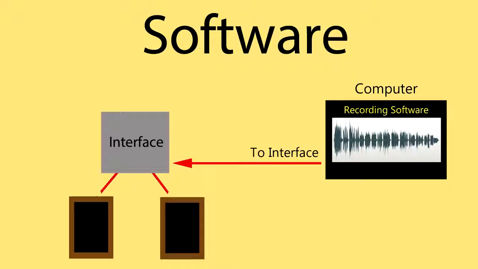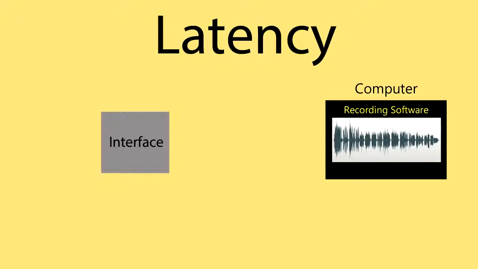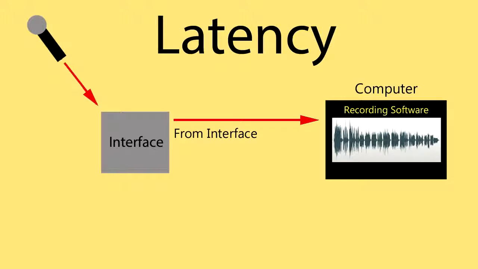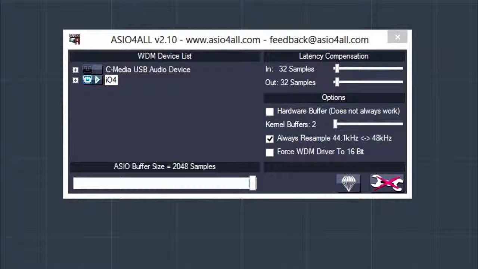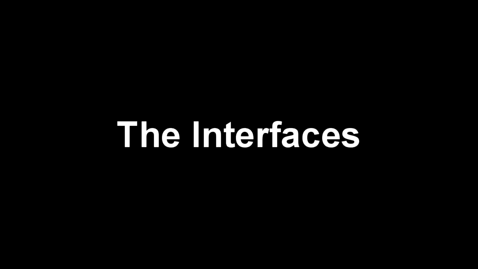If you record with the mix control knob in this position, depending on the speed of your system, you may experience something called latency. Latency refers to the time it takes for you to hear the signal from the microphone after it is processed through the interface and the software. You can adjust for this with the interface control software.